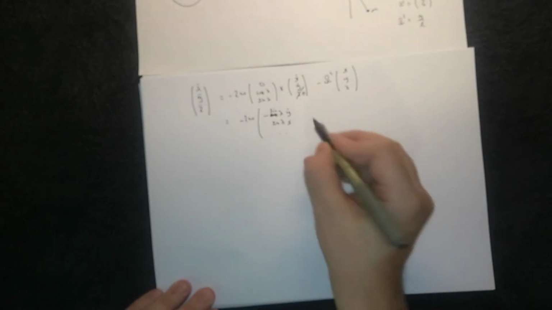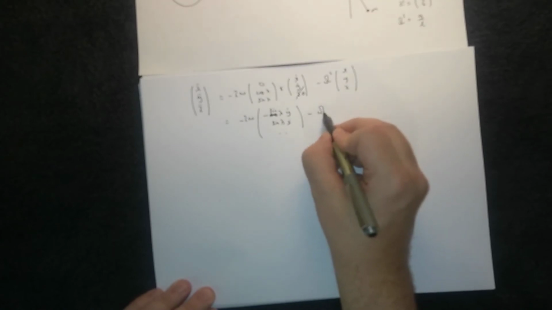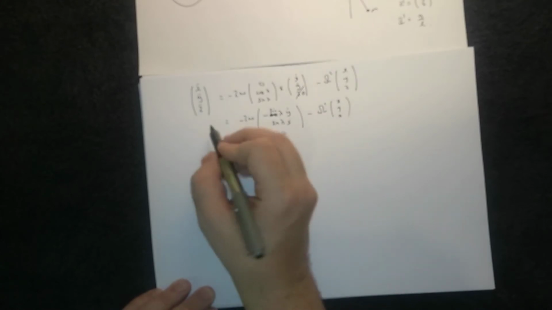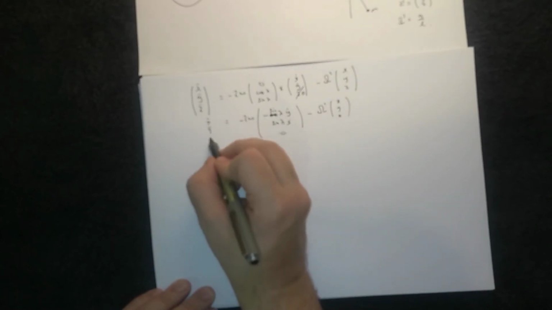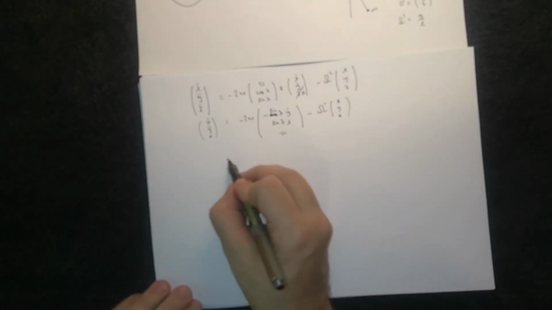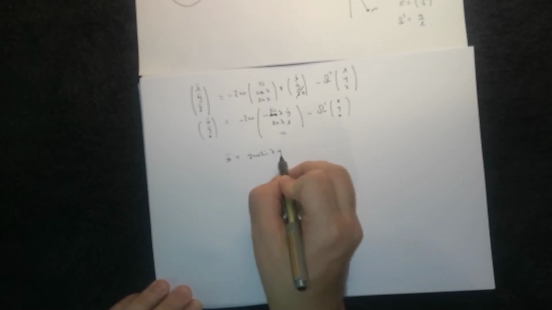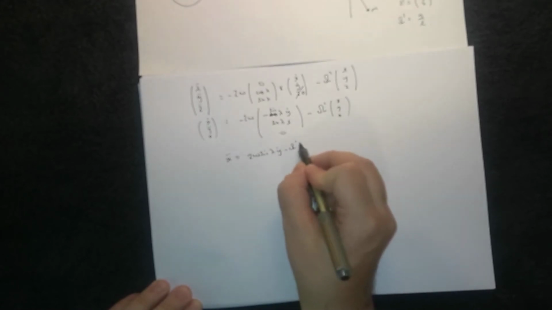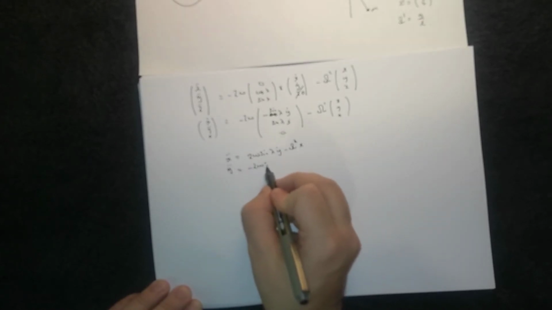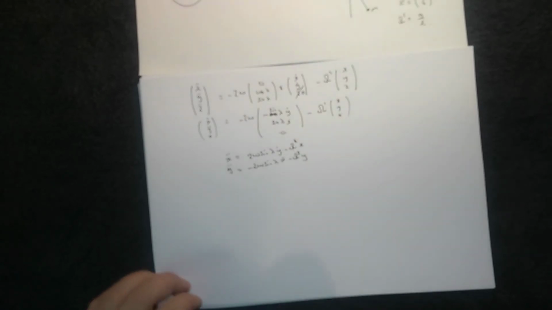And I don't really care about that term there. Minus omega squared x y. I don't really care about that term. So x double dot is 2 omega sine lambda y dot minus omega squared x. Y double dot is minus 2 omega sine lambda x dot minus omega squared y.